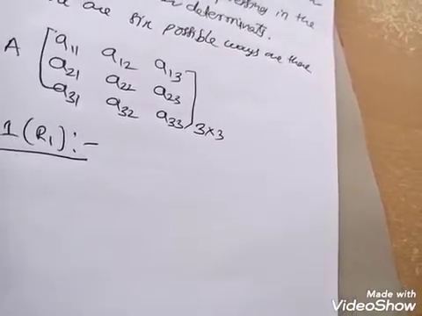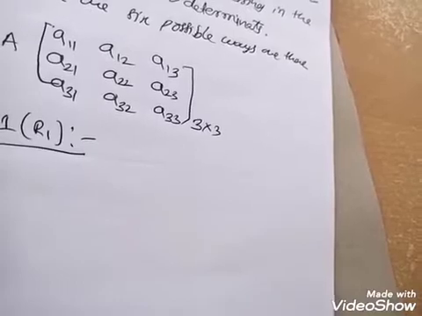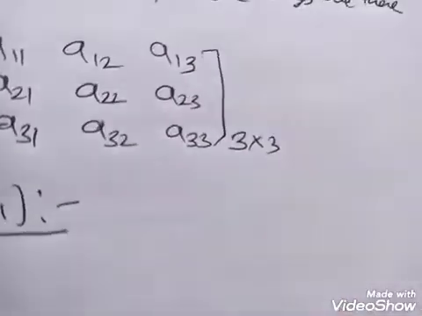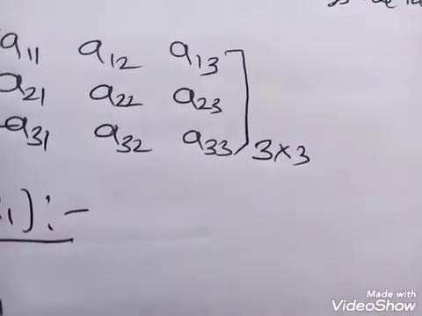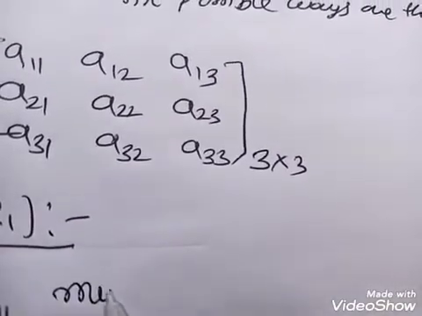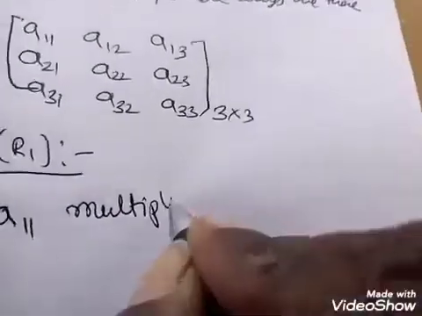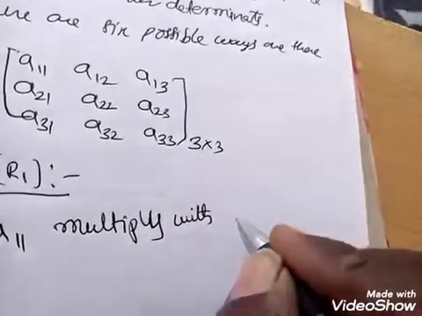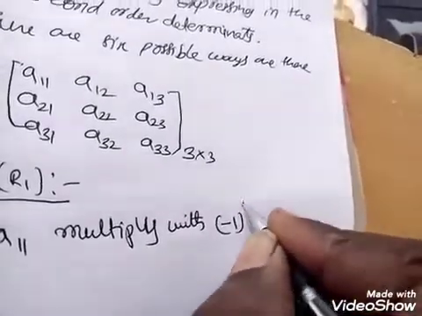To get the first term, multiply A11 with minus 1 power 1 plus 1.